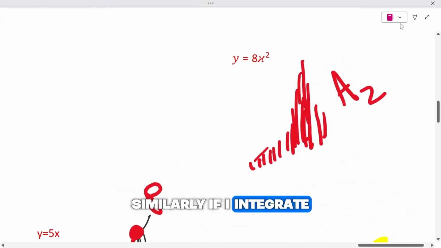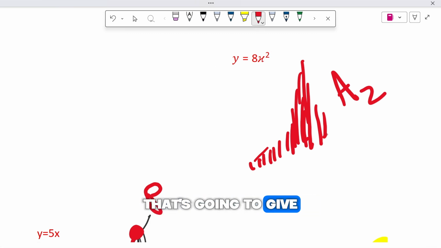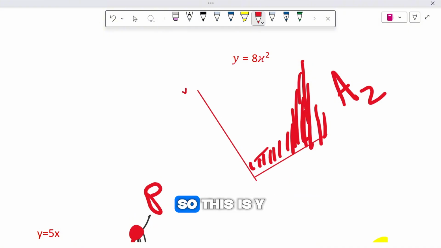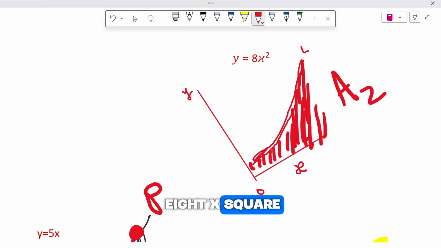Similarly, if I integrate y is equal to 8x squared, that's going to give me this particular area A2. So this is the y-axis, that is the x-axis. This is the origin and this is the limit. Let's call it L. So this is your curve y is equal to 8x squared.